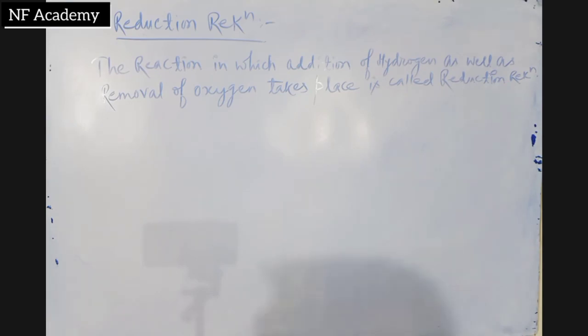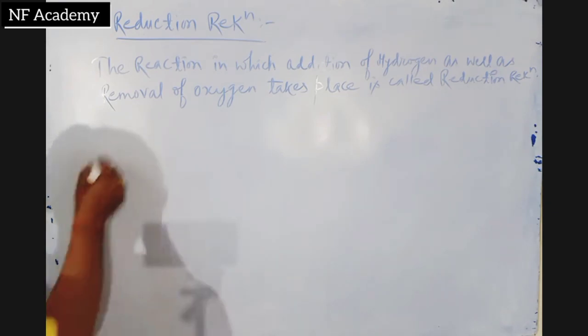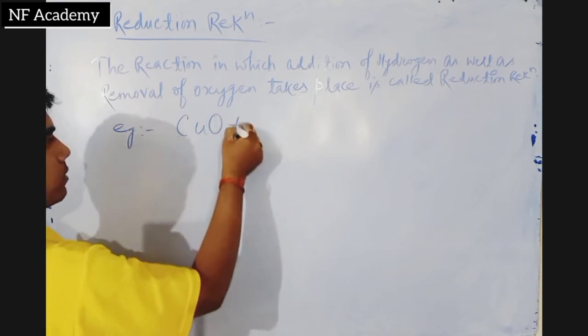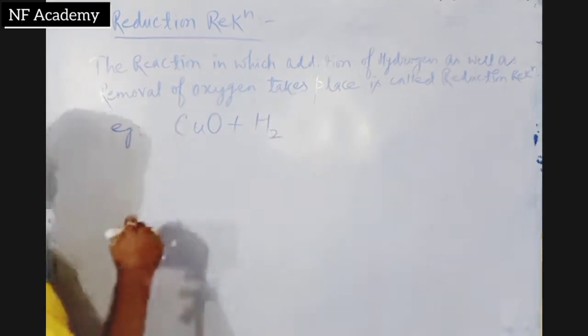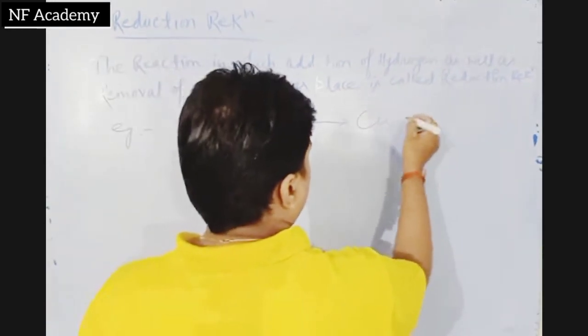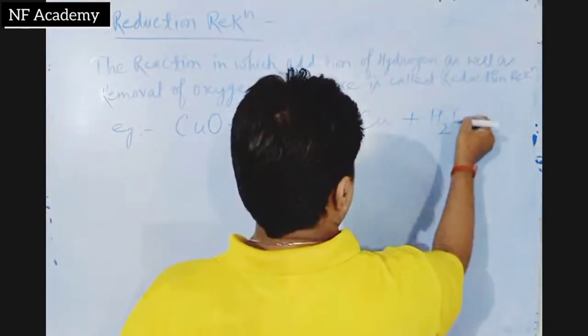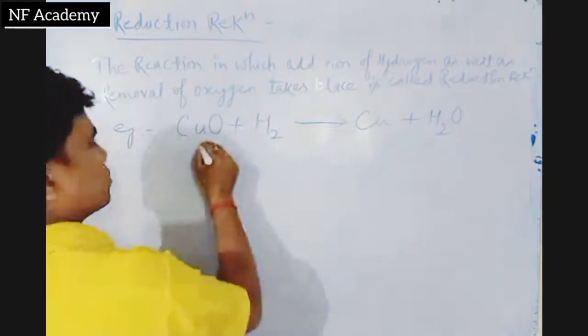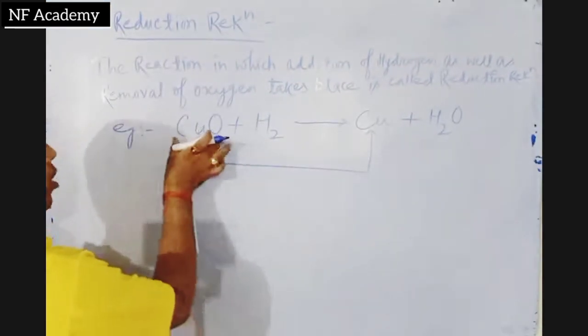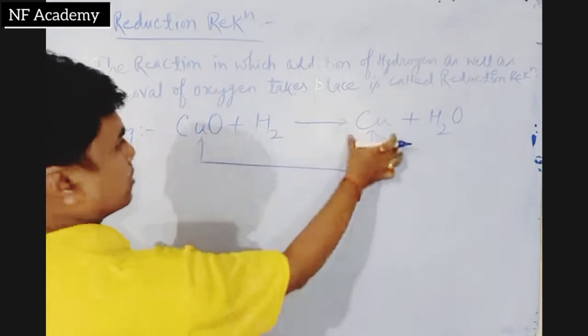Okay. So here you can see an example: when copper oxide reacts with hydrogen gas, copper gets reduced and water is formed. From copper oxide it becomes copper.